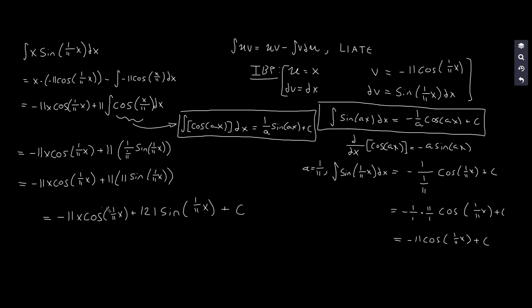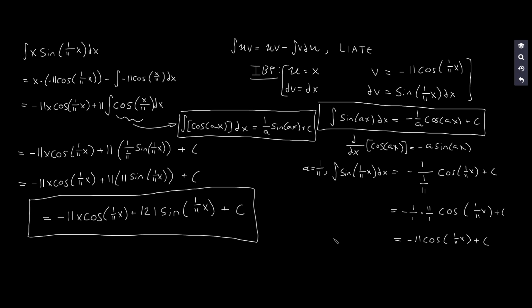Can't forget that plus c. There should have been a plus c here all along. But yeah, so this is going to be our answer. That is -11 times x times cosine of 1 over 11 times x plus 121 times sine of 1 over 11 times x plus c.